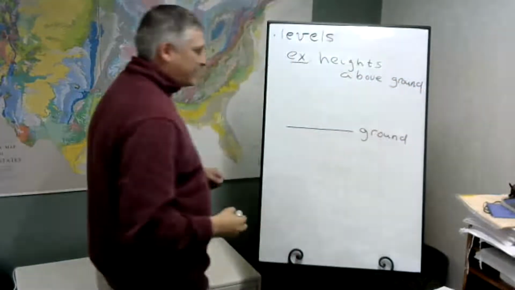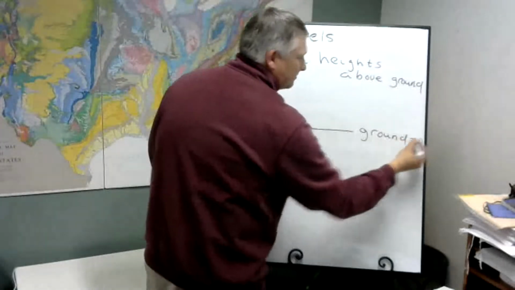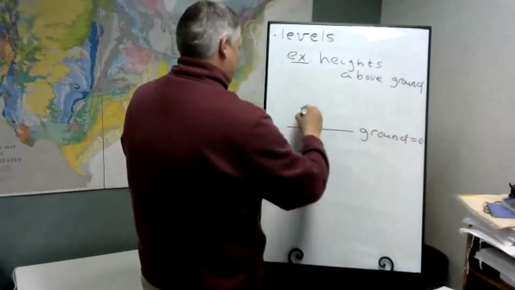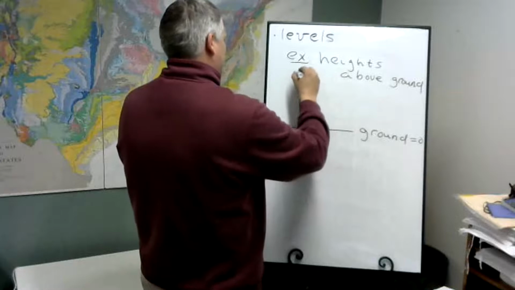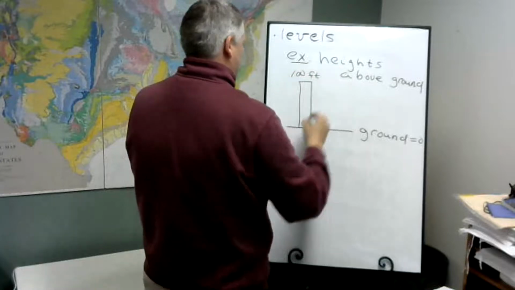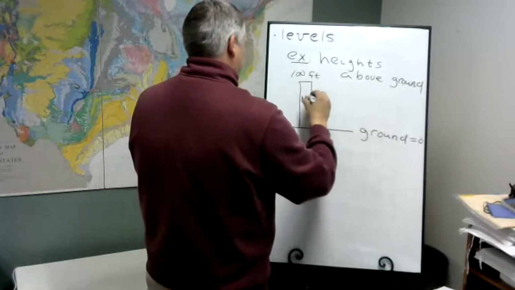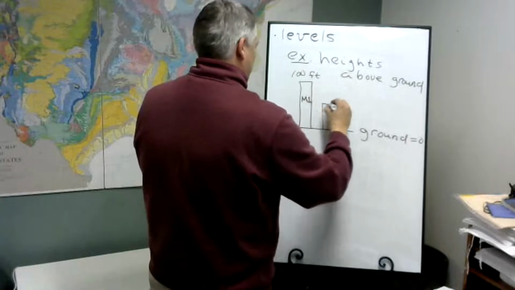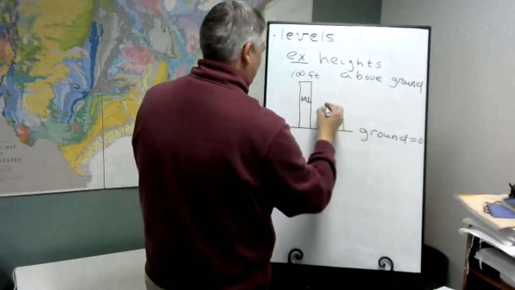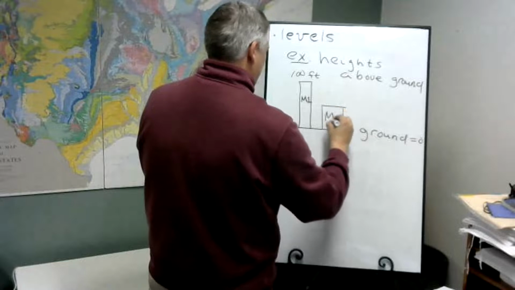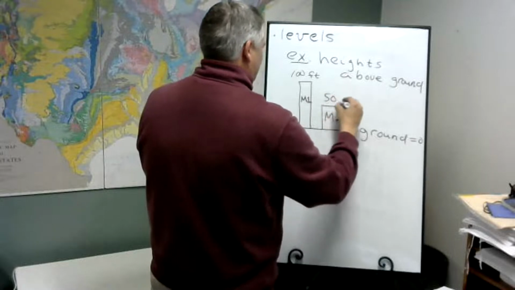So height above ground, we select the ground to be our 0. And then we have 100 feet for measurement 1, measurement 2 is 50 feet.